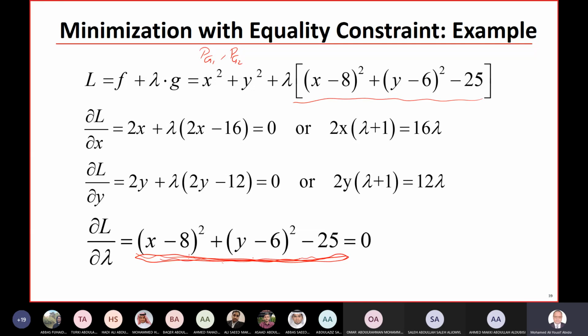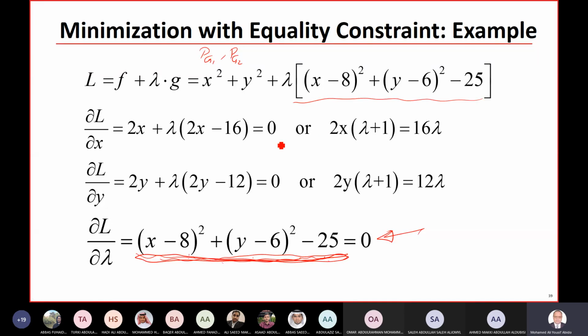We convert from a constrained to an unconstrained problem, but implicitly this constraint will be satisfied by the optimality condition here. To get the optimal, you have to consider this equal to 0. So this is the constraint, and the constraint is satisfied now.